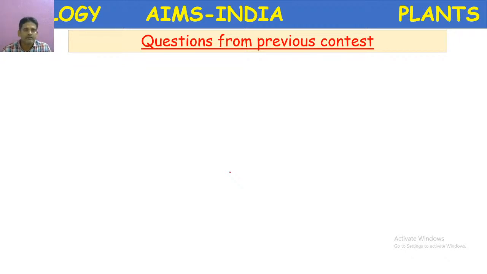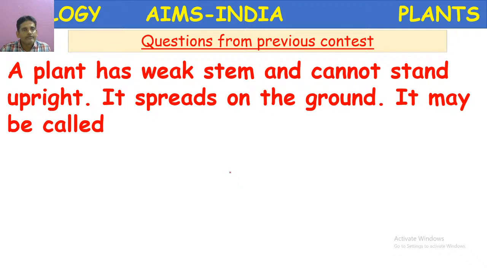Optimum moisture is a little, that is called optimum. So be ready, children. These are simple, very important questions asked from this chapter in previous competitive exams. We will see those questions now.